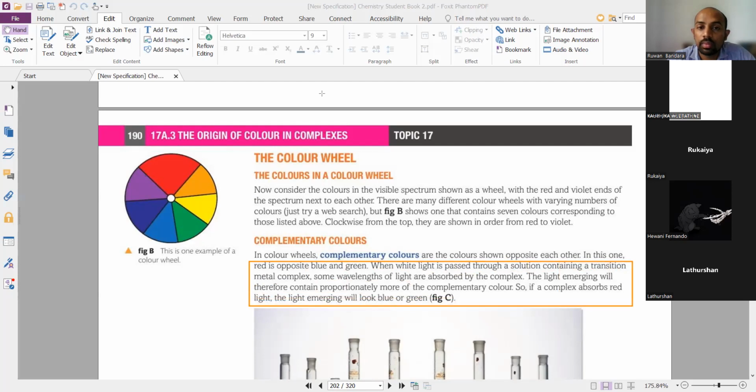Copy this one. I'll repeat again. The complex will absorb some colors and the colors complementary to the absorbed color can be seen.